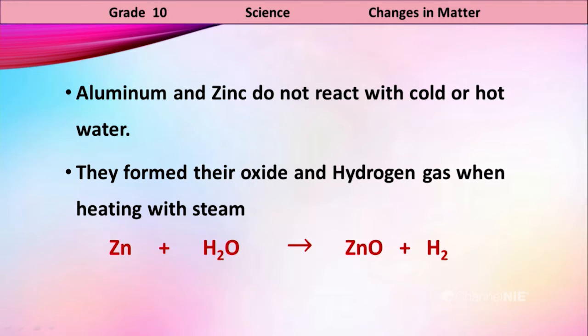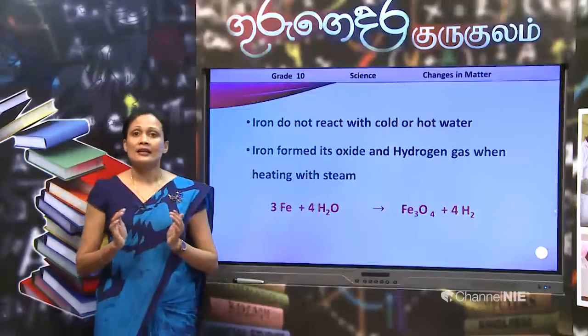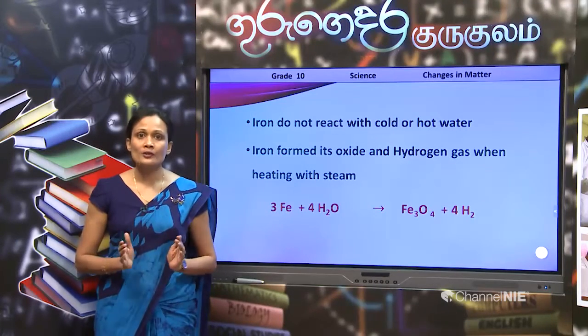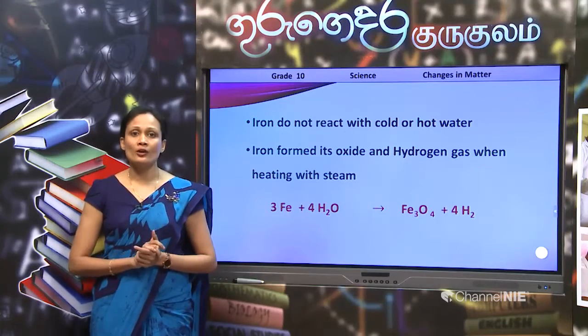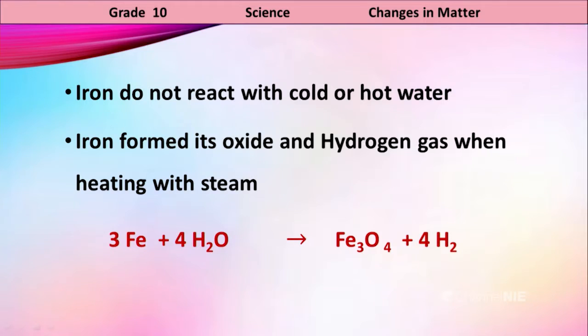Now think about iron. It does not react with cold water and also not with hot water. But iron forms its oxide and hydrogen gas when heated with steam. Here, look at the equation.